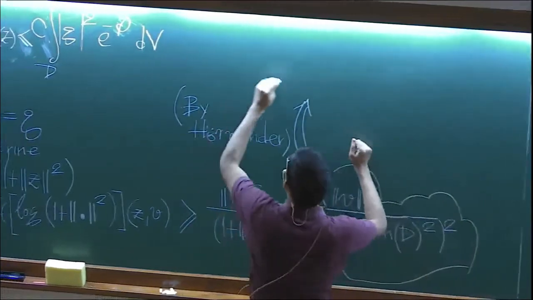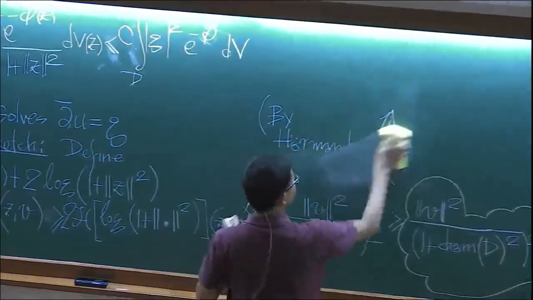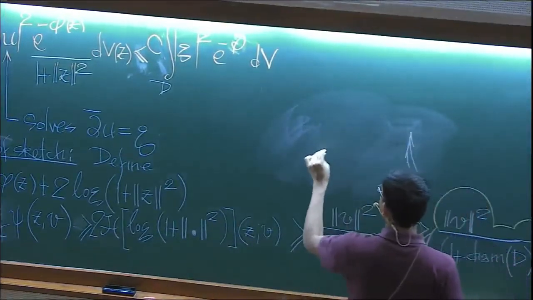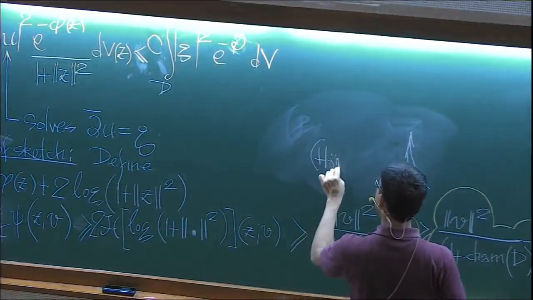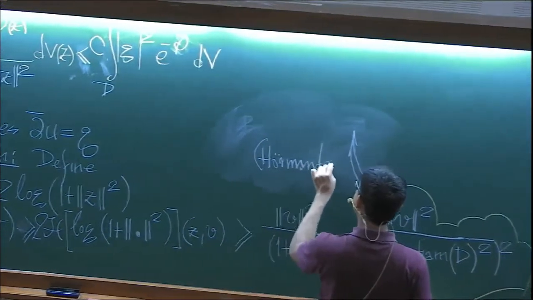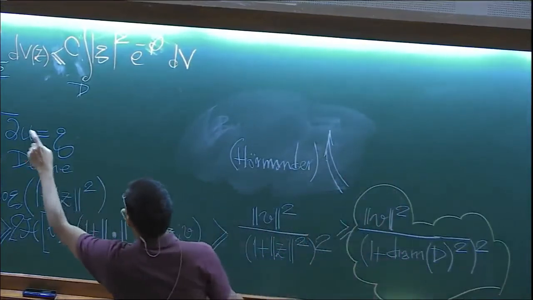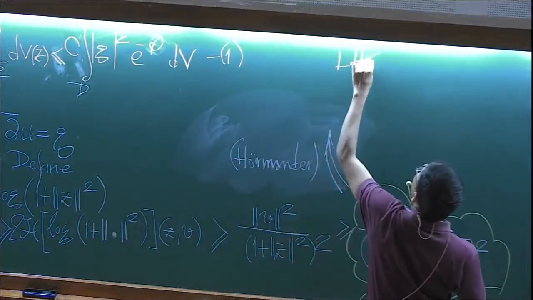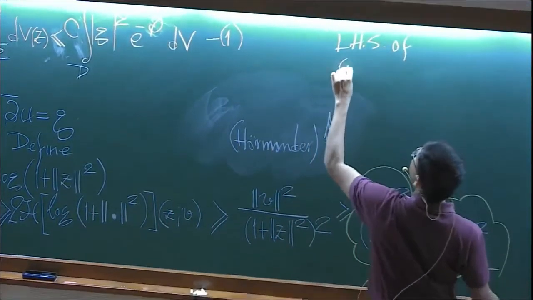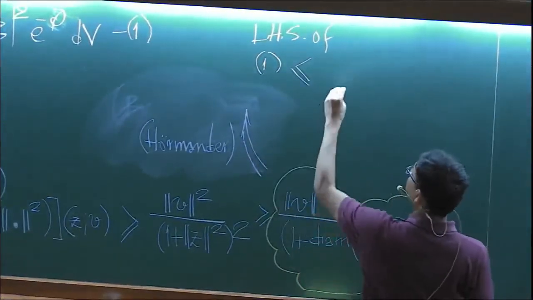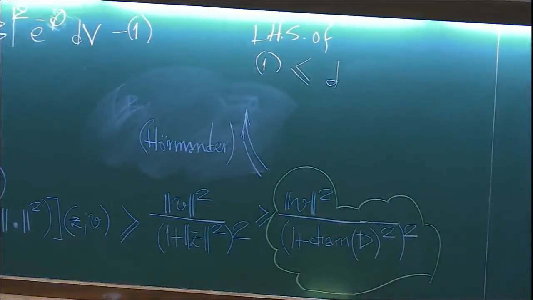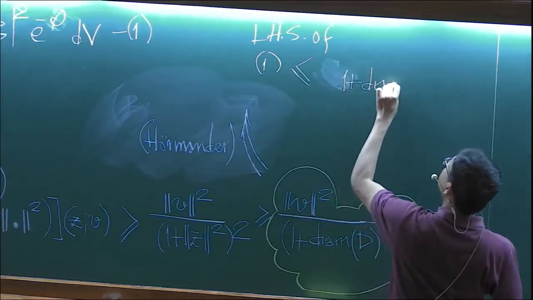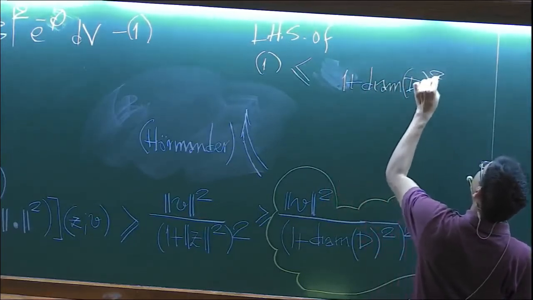There's one more little step that remains. If I call this 1, it implies that the left-hand side of 1 is less than or equal to 1 over little c, in the parlance of the first week of lectures. So this is 1 plus the diameter of D squared.